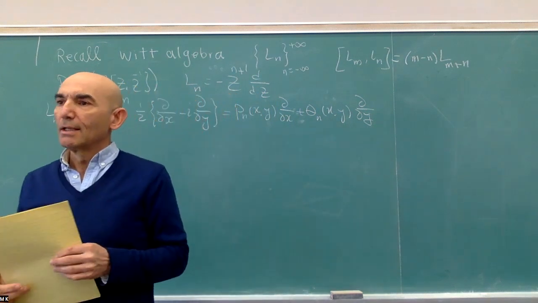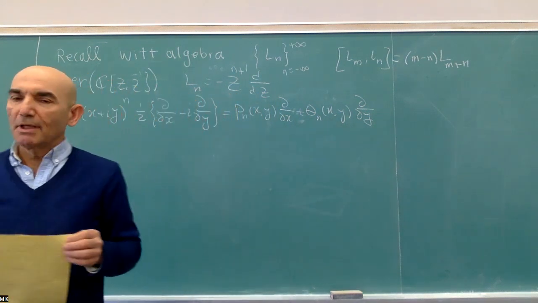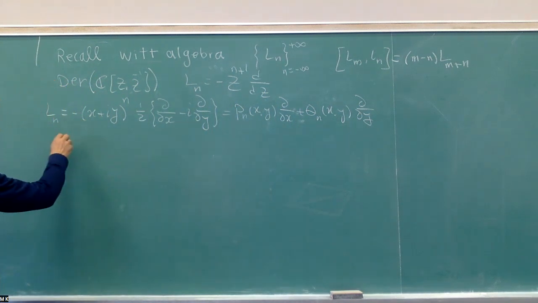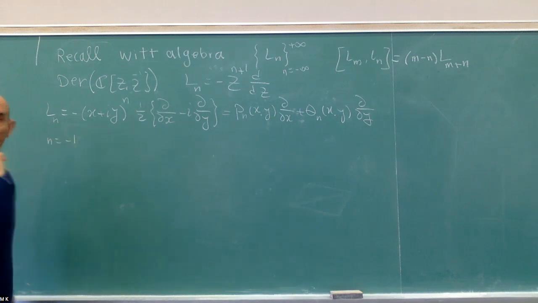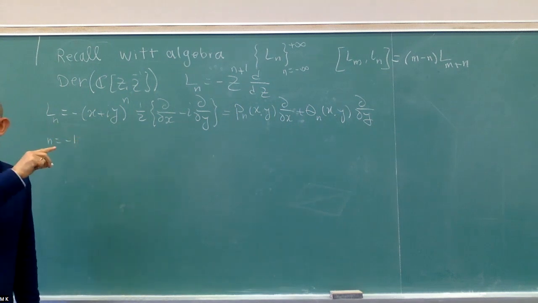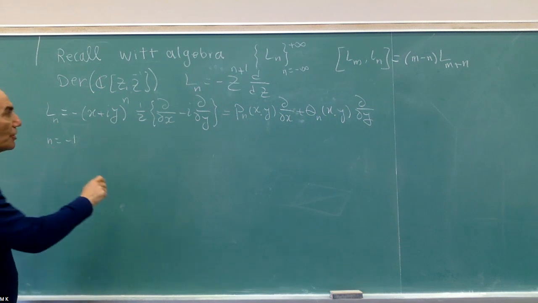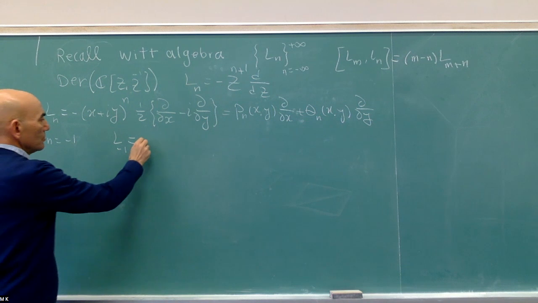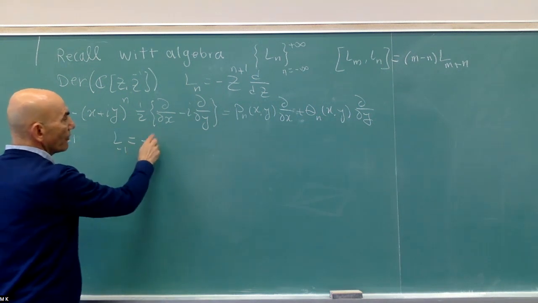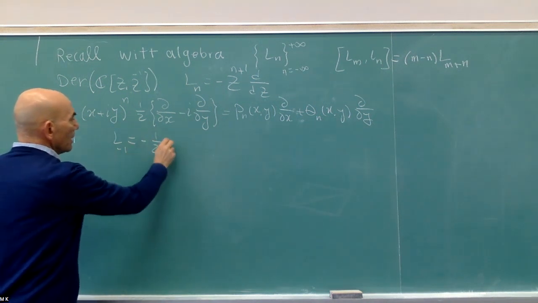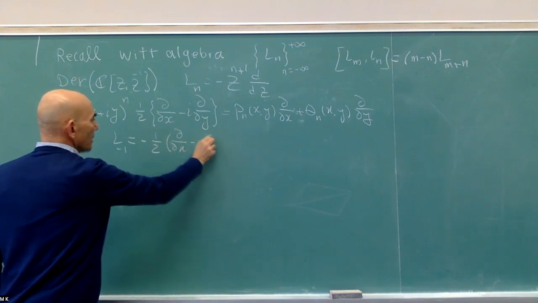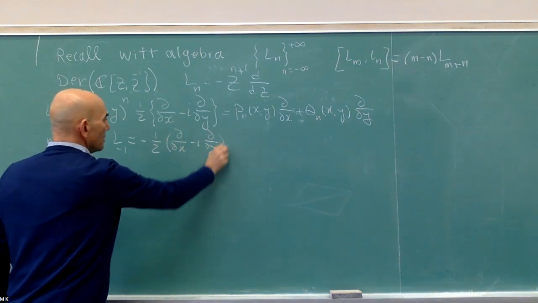Maybe just for fun, look at, say, n equal to minus 1. That's the simplest case where that power goes away, and we have L minus 1 equal to minus 1/2 (d/dx minus i d/dy).